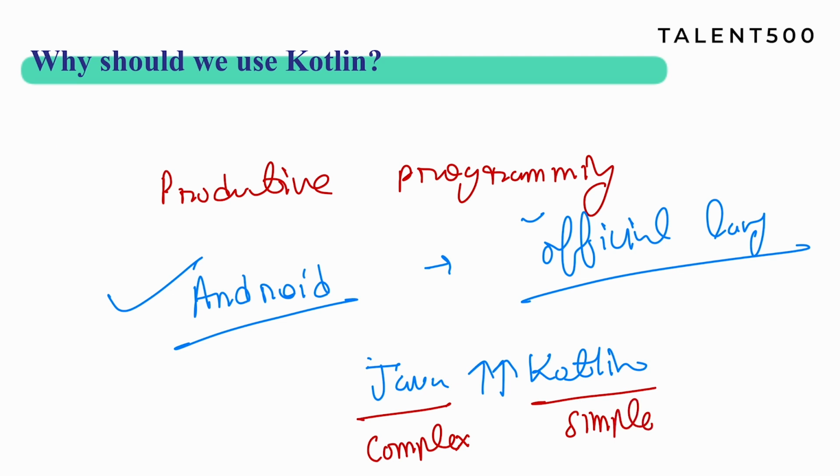Let's say if you are writing some code in Java and you are using this many lines of code, in Kotlin you can do the same in just these many lines of code, right? So if we talk about simplicity, Kotlin is very simple and very easy to understand. For beginners, it is very easy to learn and grasp the concepts. The syntax is kind of self-explanatory.